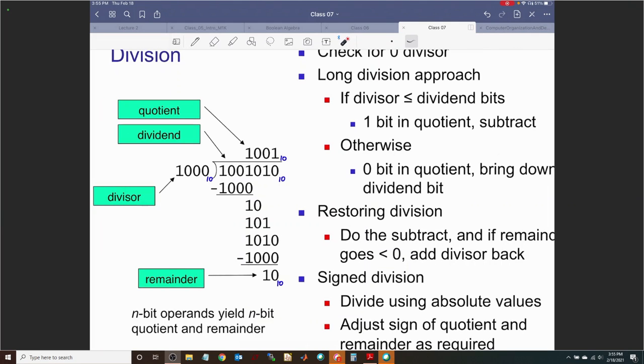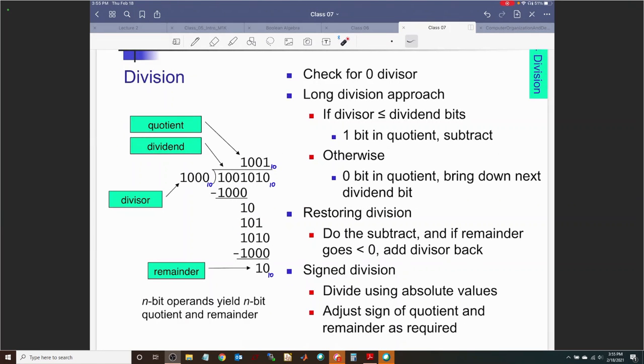So let's take a look at two approaches here. One is the long division approach, and the other one is the restoring division approach, which is much faster, and that's what we are going to do here. So the long division approach first checks whether the divisor is less than or equal to the dividend or not. Dividend right here, divisor right here, right? So first you check whether the dividend is greater than the divisor.